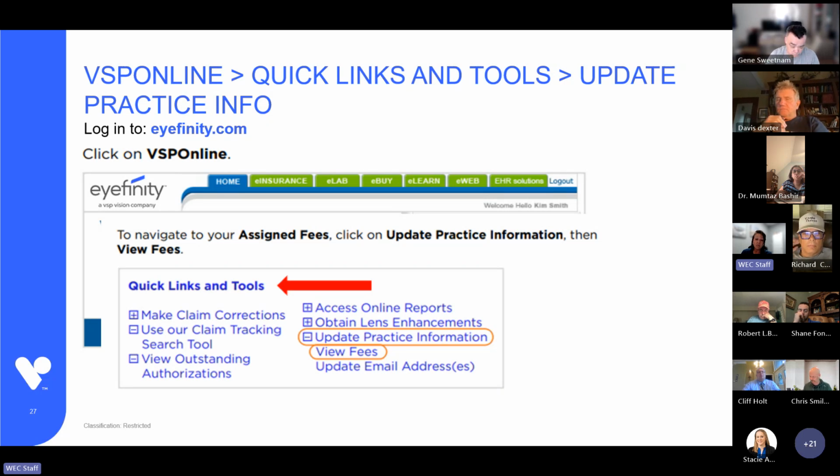When you click view fees, it takes you to your assigned fee report that is specific for your practice. When your staff logs into affinity.com, they have an ID and password that's specific for your practice. That is going to show you exactly what your contracted fee reimbursement fees are from VSP under the signature plan, which is what you get reimbursed for essential medical eye care for the exams when it's primary.